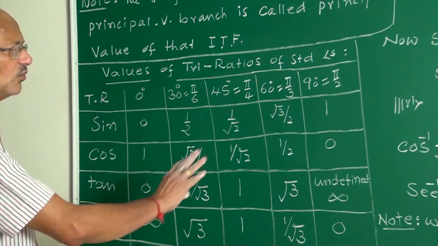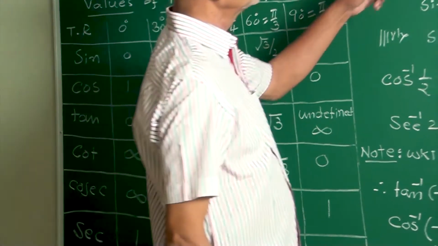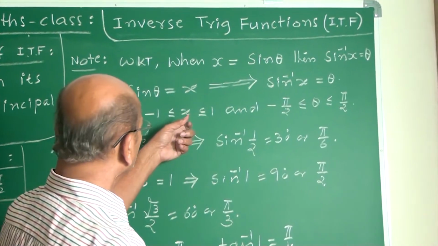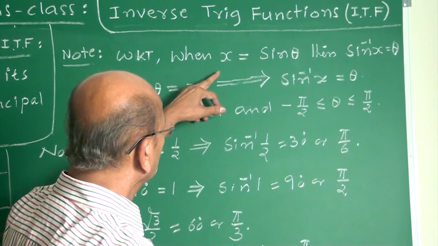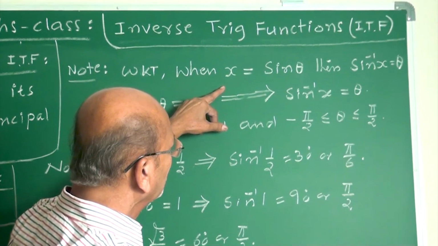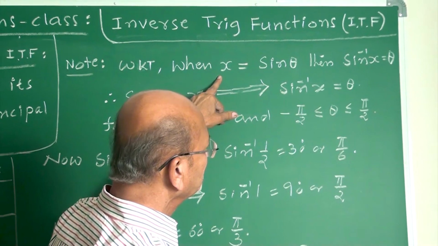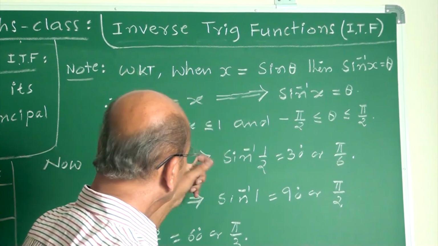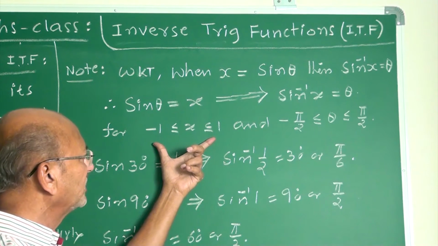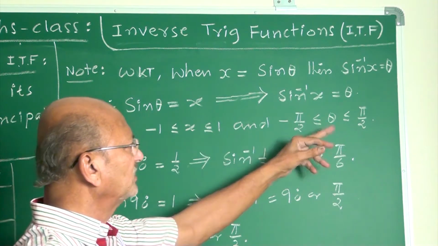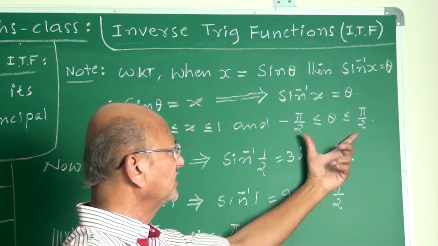How are we using it here? You know the definition. When x is sine theta, taking sine to this side, sine inverse x equals theta. Under this condition, x must be between -1 and plus 1, and theta must be between -90 and plus 90.